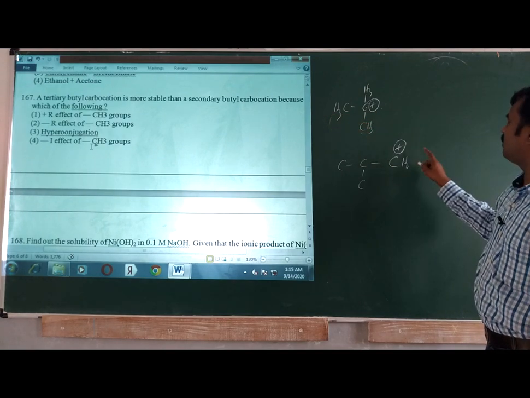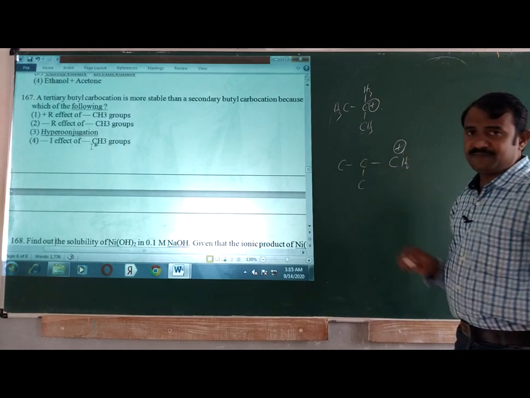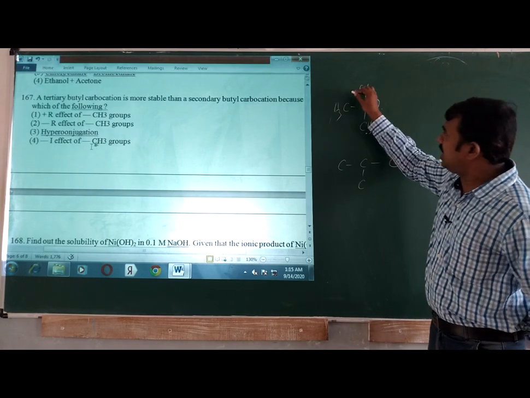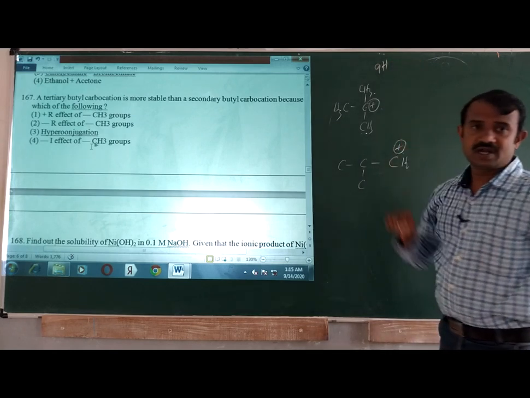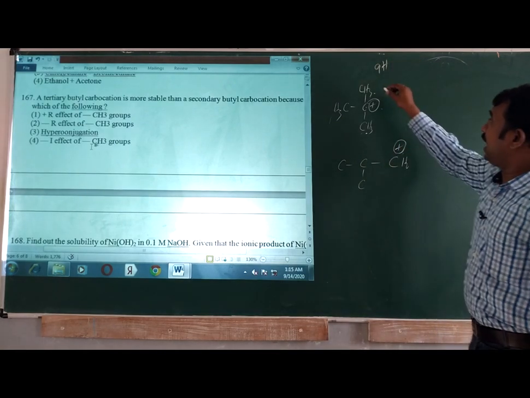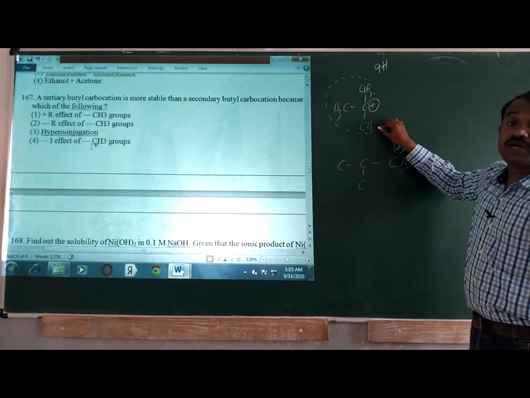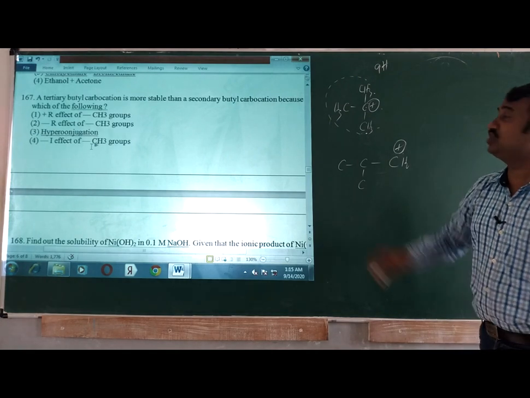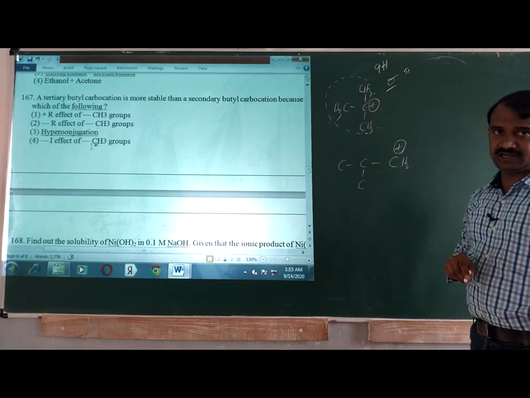In the carbocation, we can observe the number of hydrogens on the CH3 groups. How many hydrogens are there? 9 hydrogens form hyperconjugation. Hyperconjugation involves sigma as well as pi electrons.